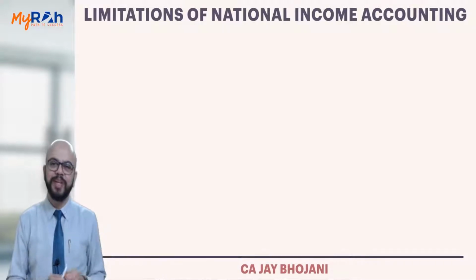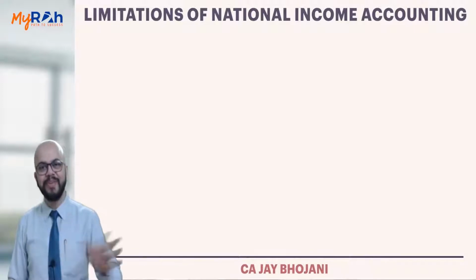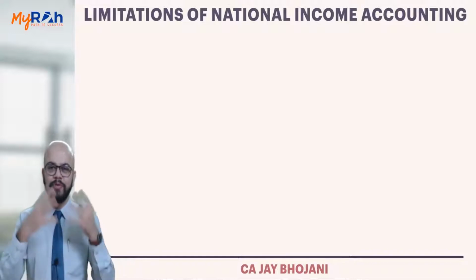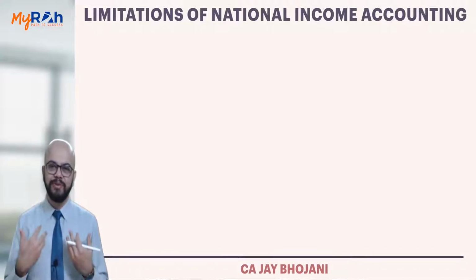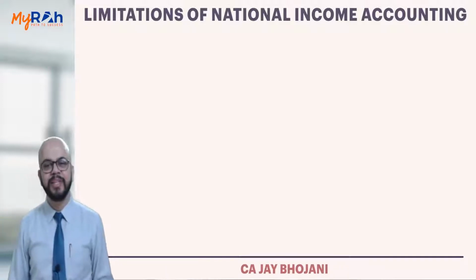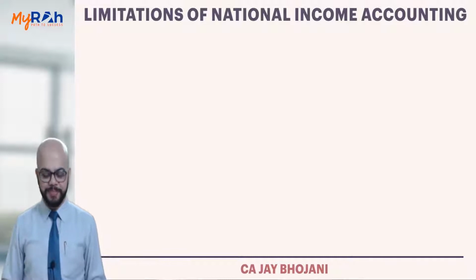Not that you were very enthusiastic otherwise as well, but you would leave it aside. You will see national income so full of flaws that you will not want, from your heart, to understand anything about it. So that is the reason this has been kept at the end of the unit.